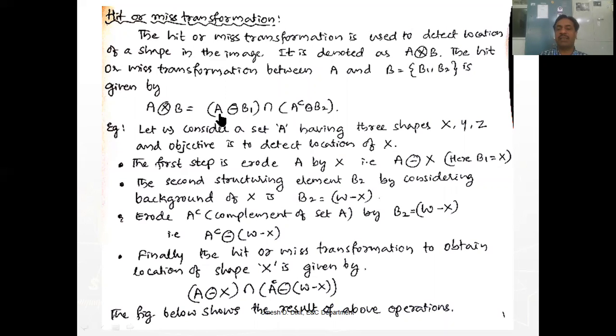If you look at the equation, we have an intersection between the erosion of A by B1 and the erosion of the complement of A with B2. Let us consider that A has three shapes X, Y, Z. We'll take an example to understand this concept.